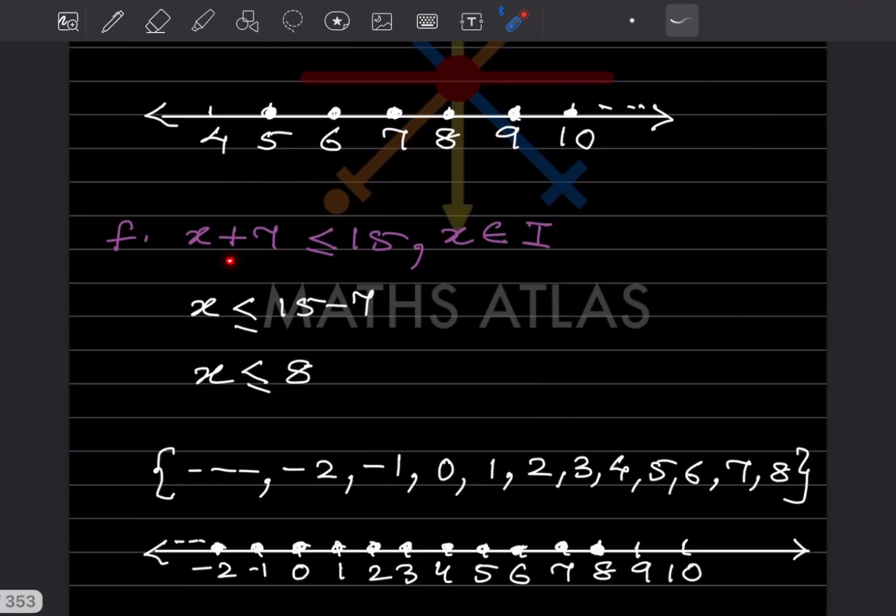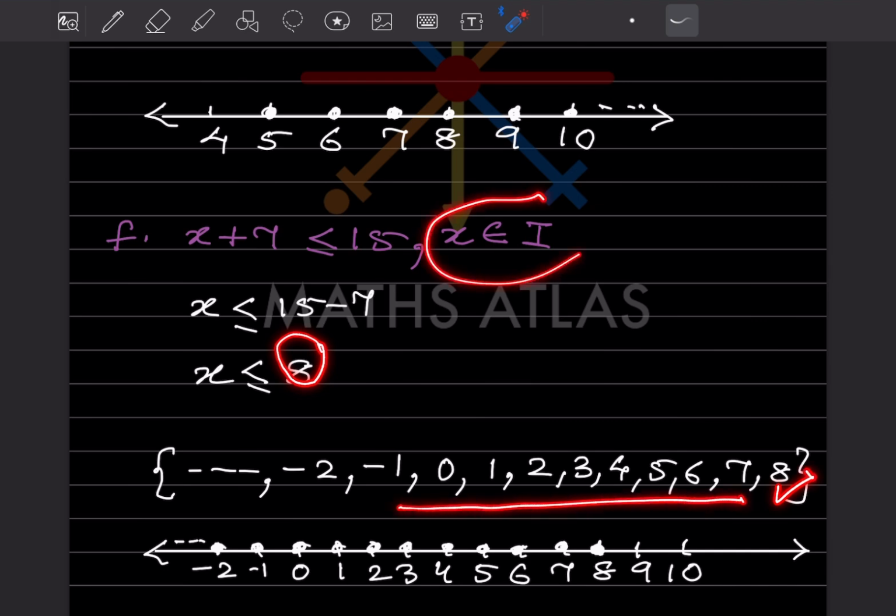Now here x plus 7 is less than or equal to 15 and x belongs to this I, that is the integer. So x same, this same, plus 7 is going to be minus 7. So x is less than or equal to 8. So here 8 should be included, but now these are the integers, so you will go backwards and write some negative integers as well.